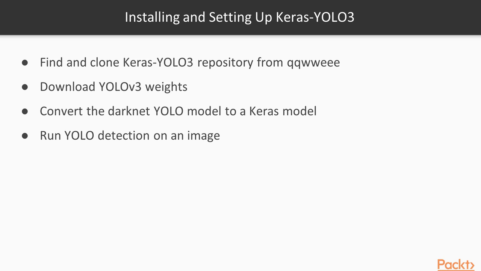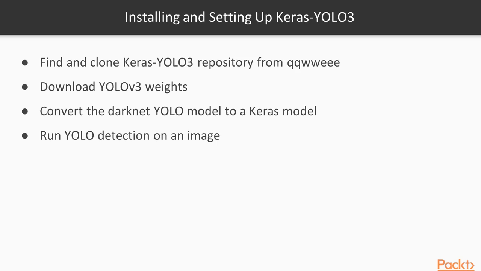This is our next step, and after downloading the YOLO weights, we have to convert the darknet YOLO model to a Keras model. As you remember, the original implementation of YOLO was made in darknet, which is a pretty rare neural network framework, and right now we need to convert that darknet YOLO model into a Keras model.